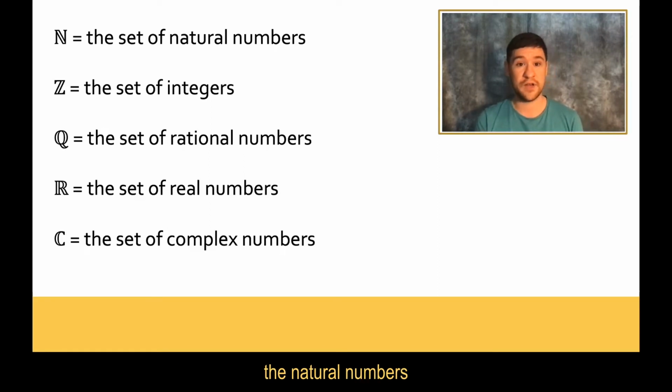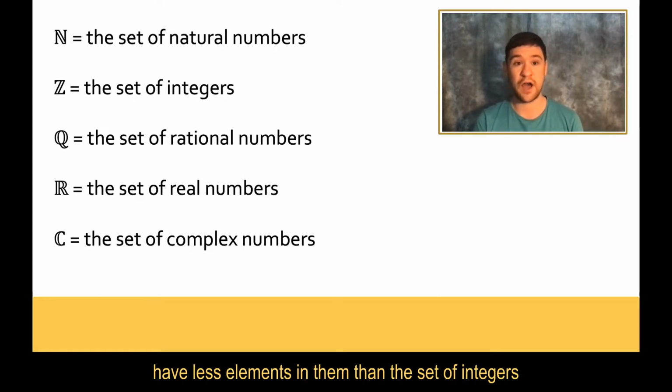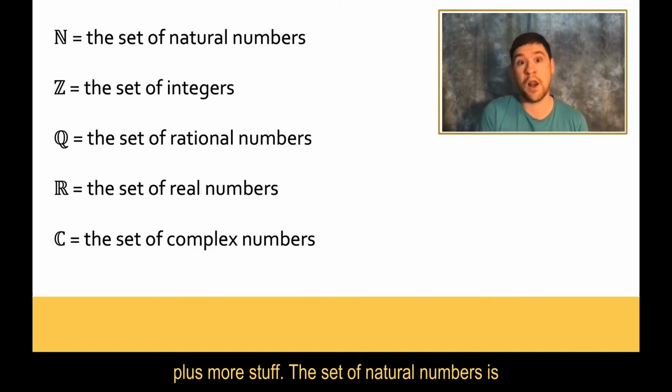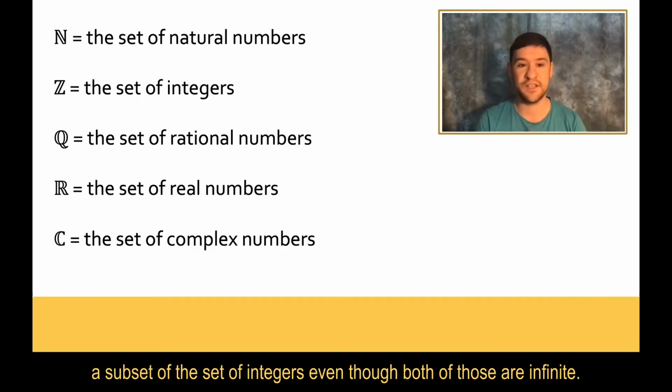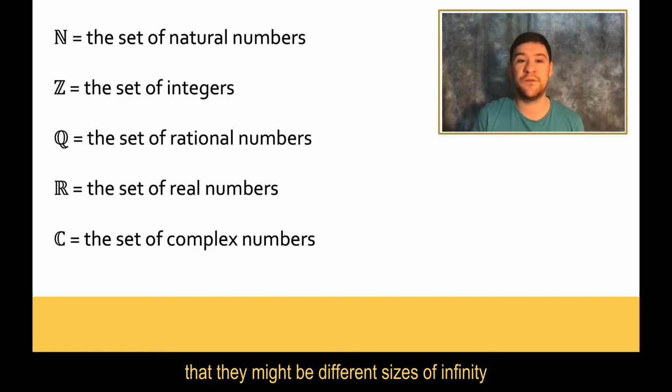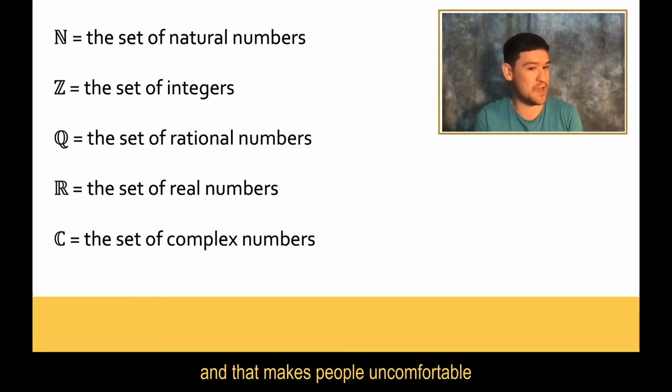The natural numbers have fewer elements in them than the set of integers, because the set of integers is the set of natural numbers plus more stuff. The set of natural numbers is a subset of the set of integers, even though both of those are infinite. So we start to have this idea that there might be different sizes of infinity, and that makes people uncomfortable.